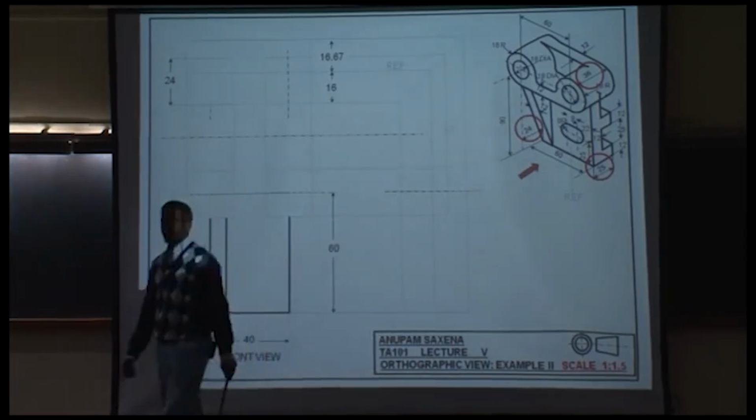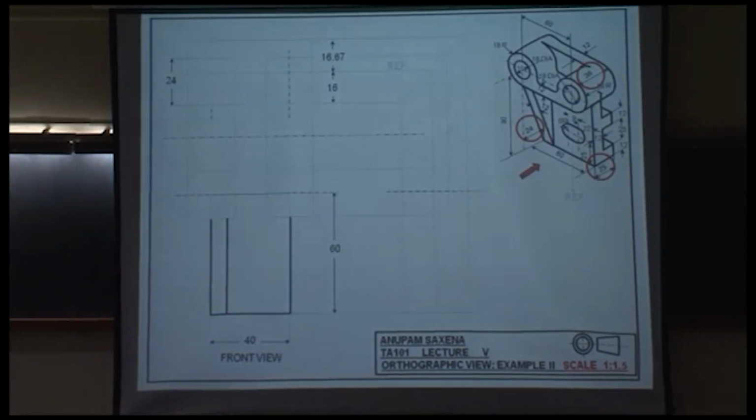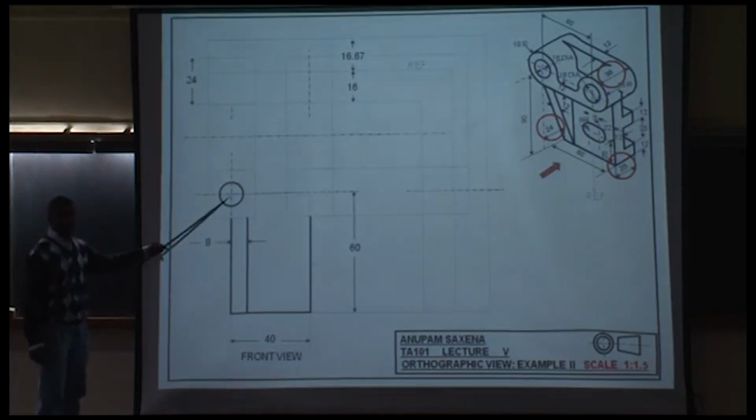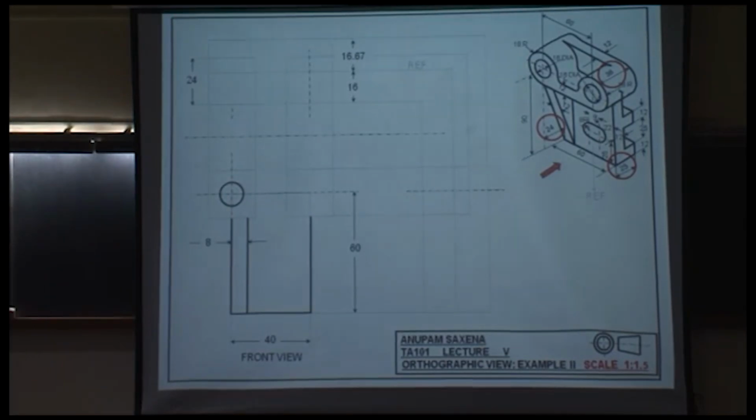What's the width of this? Let's proceed. This is the circular void through the cylindrical feature. The center is the intersection of two dash-dotted lines.